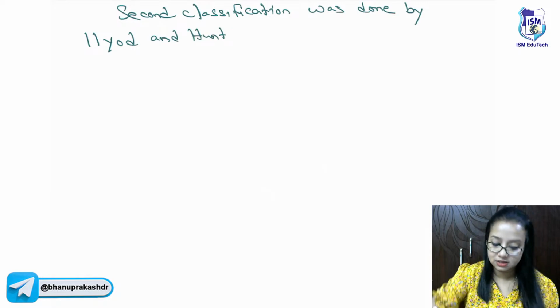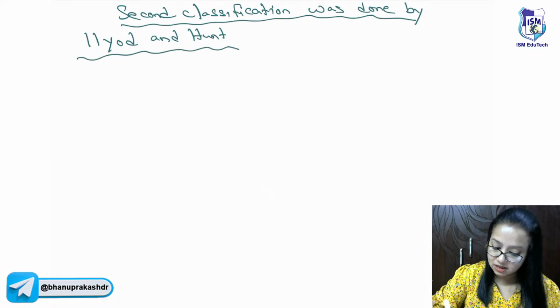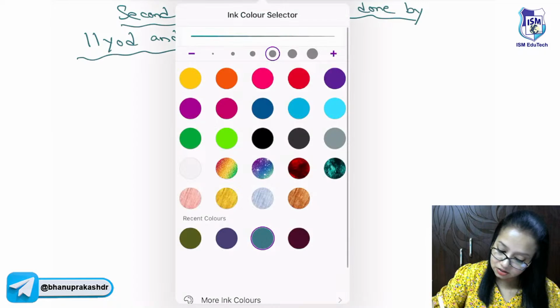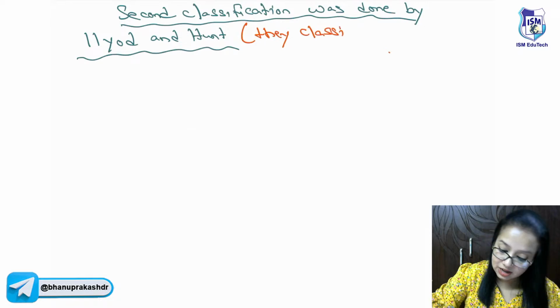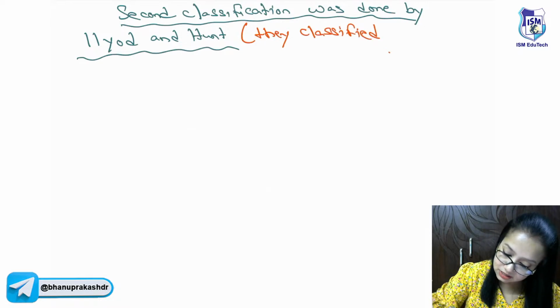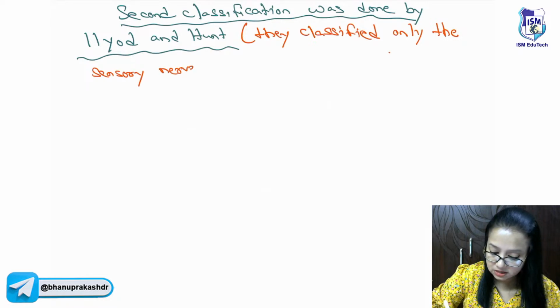Okay, Lloyd and Hunt, that's the classification. But unlike the Erlanger and Gasser classification, they classified only the sensory nerve fibers.